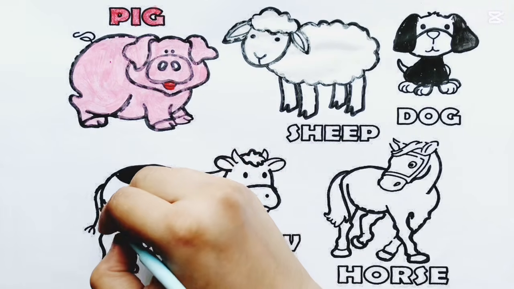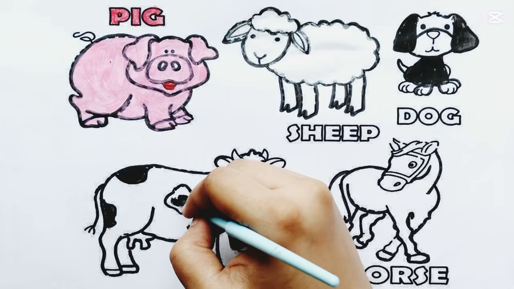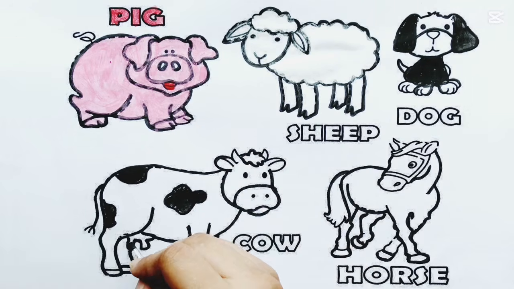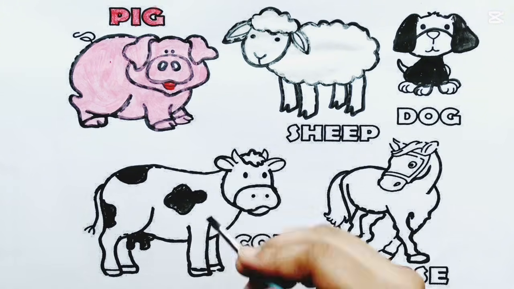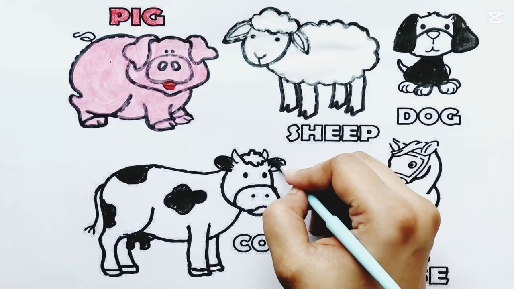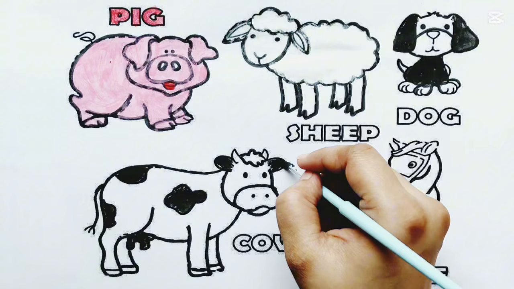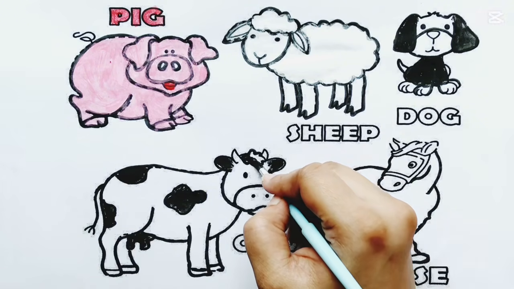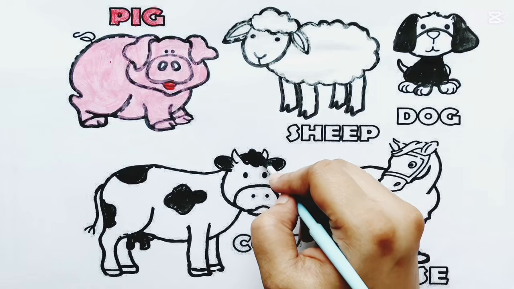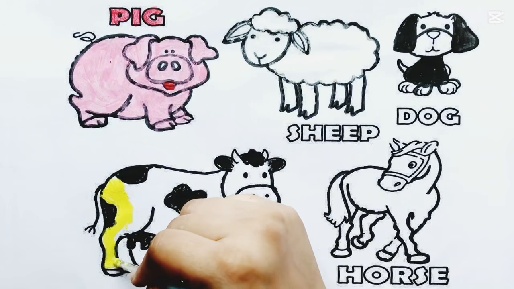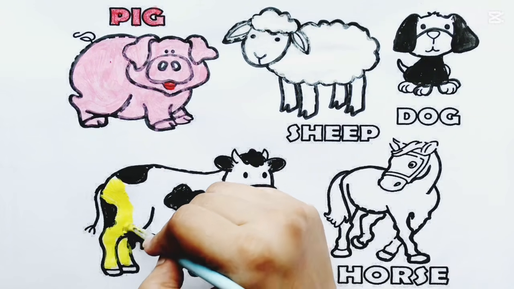Black color. C for cow. I paint cow. Yellow color. Yellow and black cow. C for cow.